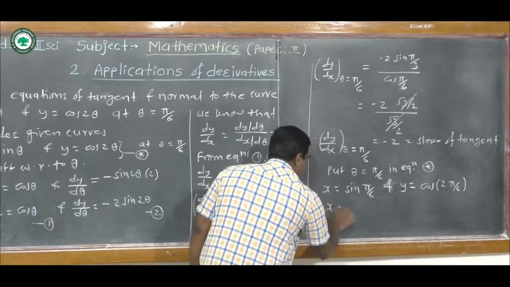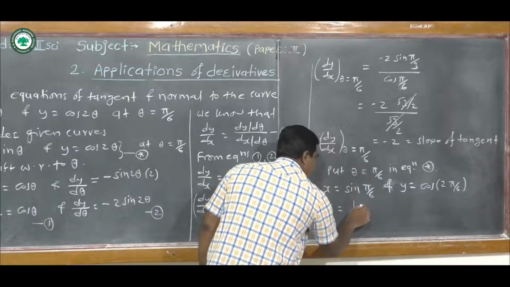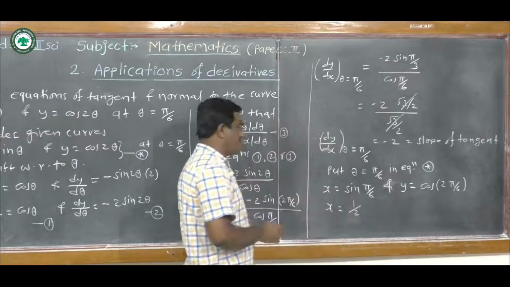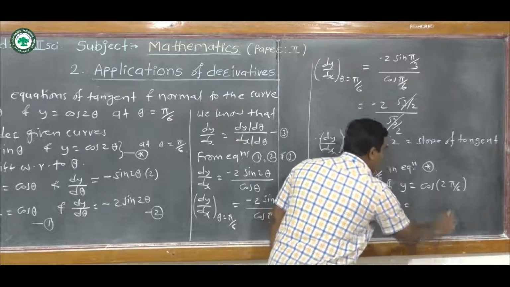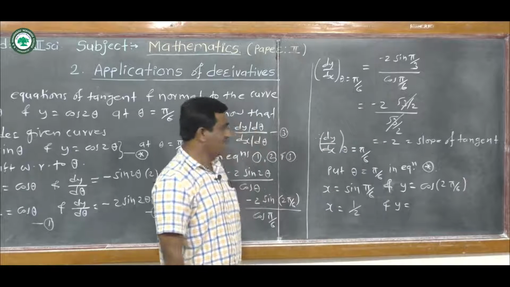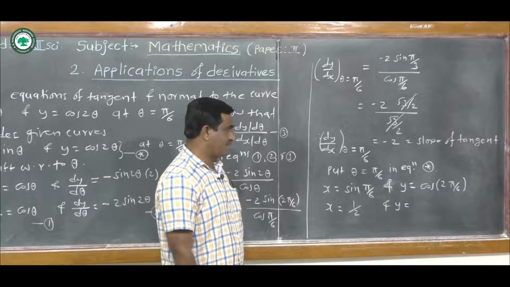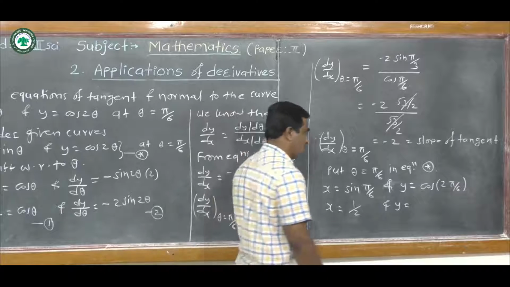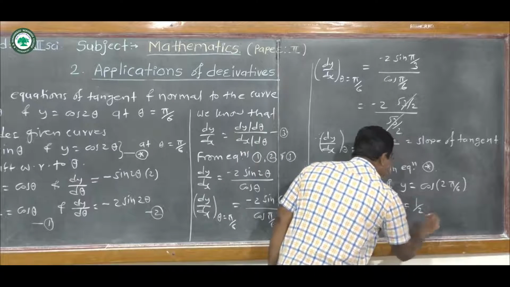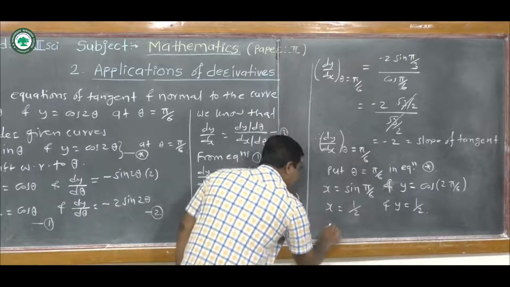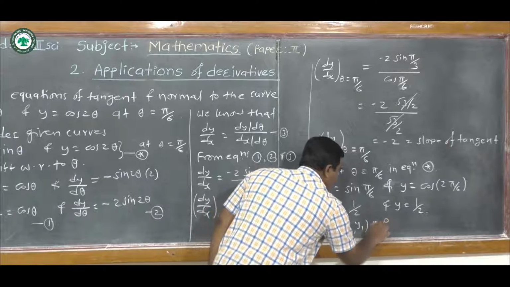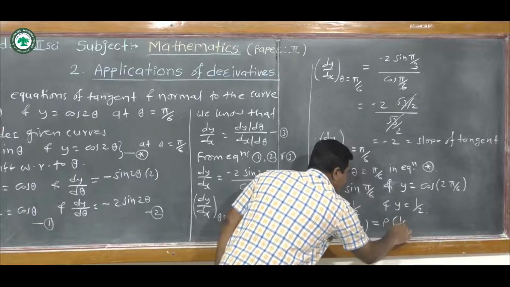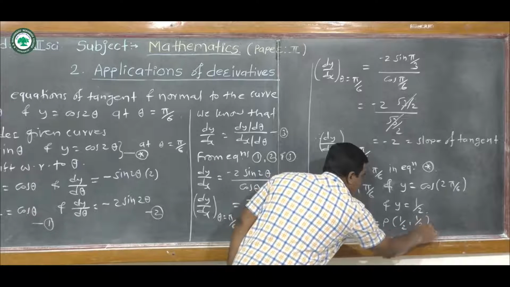That is, x equal to sin pi by 6, means sin 30, equal to 1 by 2, and y is equal to cos 2 pi by 6, means cos of pi by 3, that is cos 60, and cos 60 is equal to again 1 by 2. That is, we get here point P(x1, y1) is equal to P(1 by 2, 1 by 2).